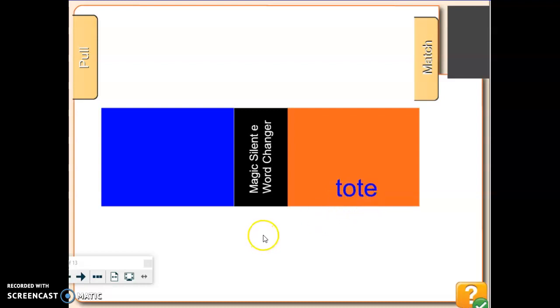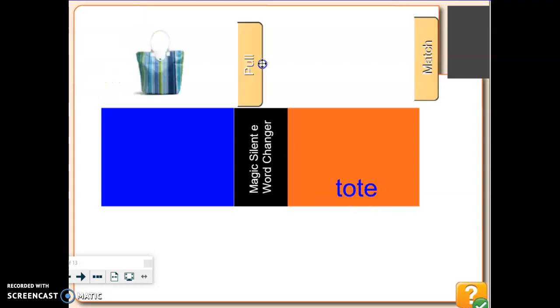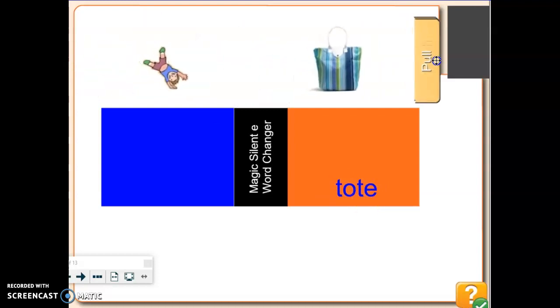Tote. That's right. When we add the E, we change O to say O. We get the word tote. Tote is another word for a bag. It's a big bag, tote. And a tot is a name for a child. Tot, tote.